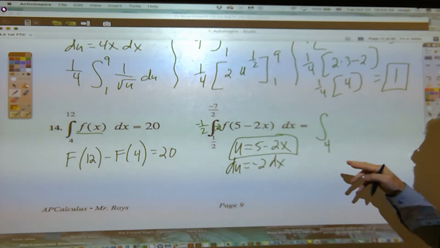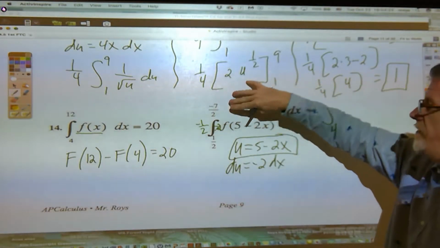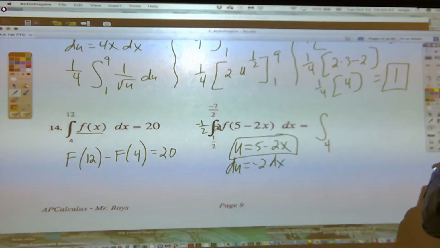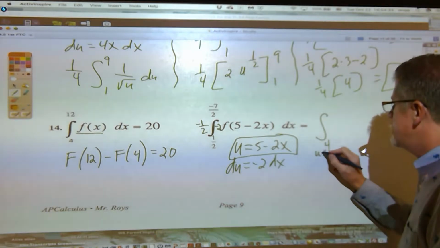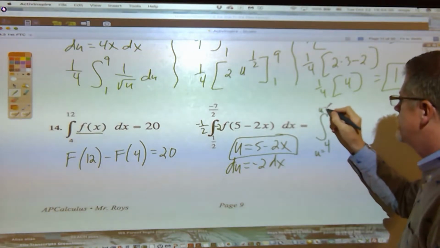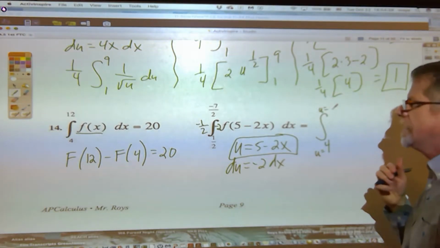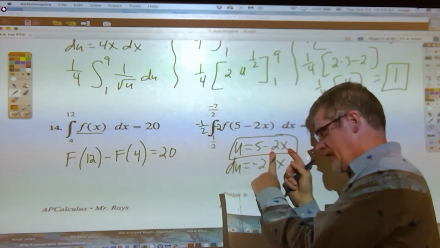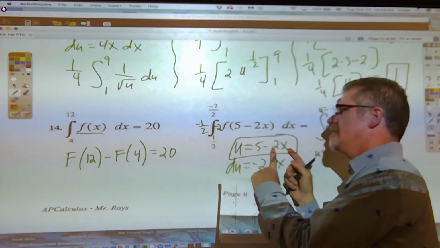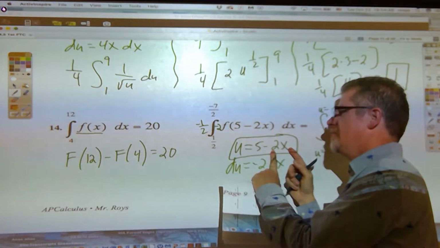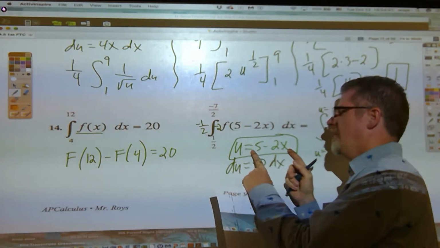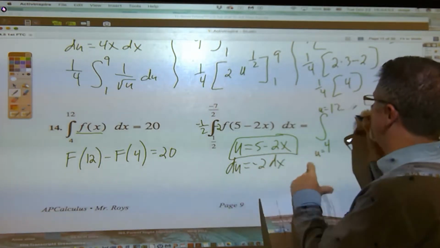Okay, let's convert the upper limit of integration. If I put in x equals negative 7/2 into this equation, the corresponding value of u is, let's see, what's negative 2 times negative 7/2? That'd be positive 7, 5 plus 7 is 12.